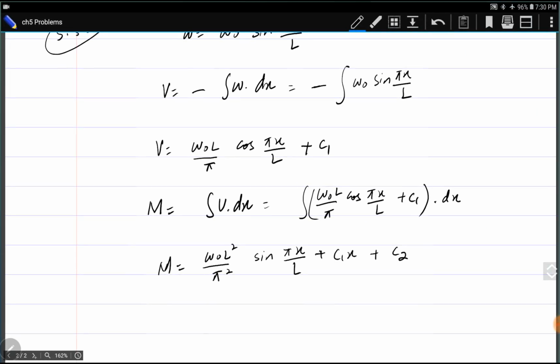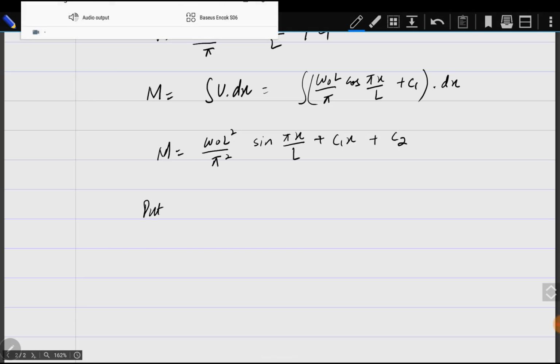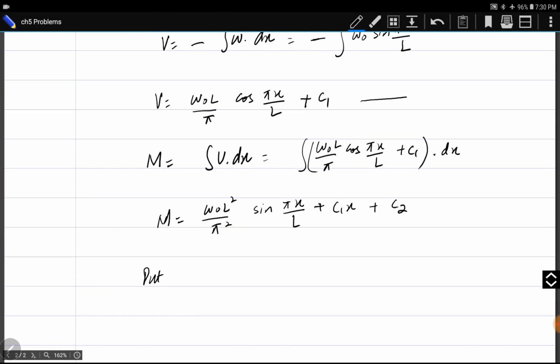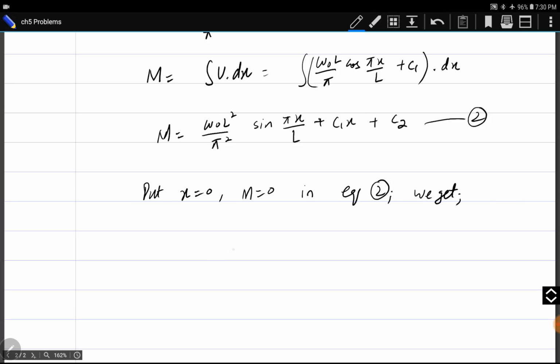So if this is our expression 1 and this is expression 2, put x equal to 0 and m equal to 0 in equation number 2. So we get C2 equal to 0.